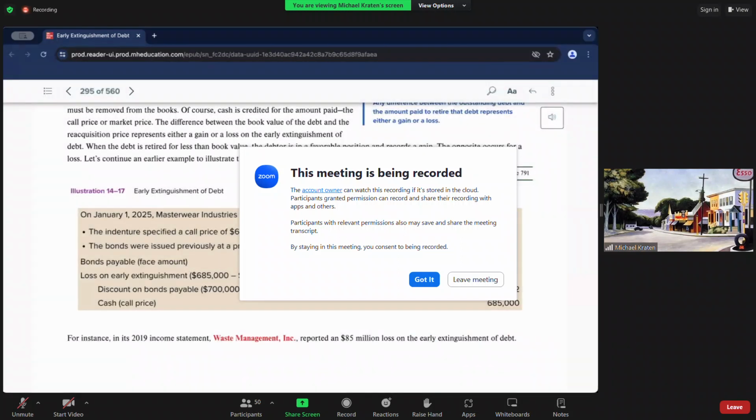What this means is the following. Let's say I lend you money. I lend you $100. And let's say I say to you, I want there to be a call price provision in this debt agreement. I am lending you $100, but I want the right to call the debt and force you to repay me on the debt when the price is 102.